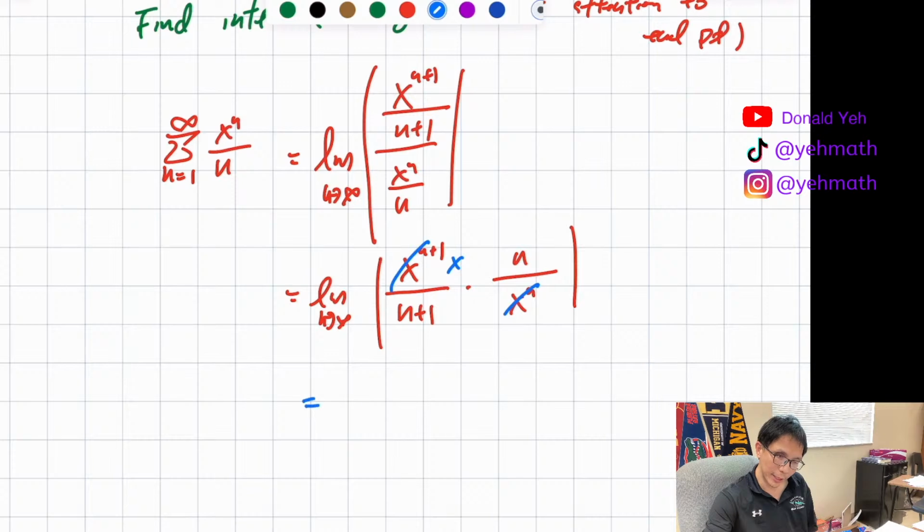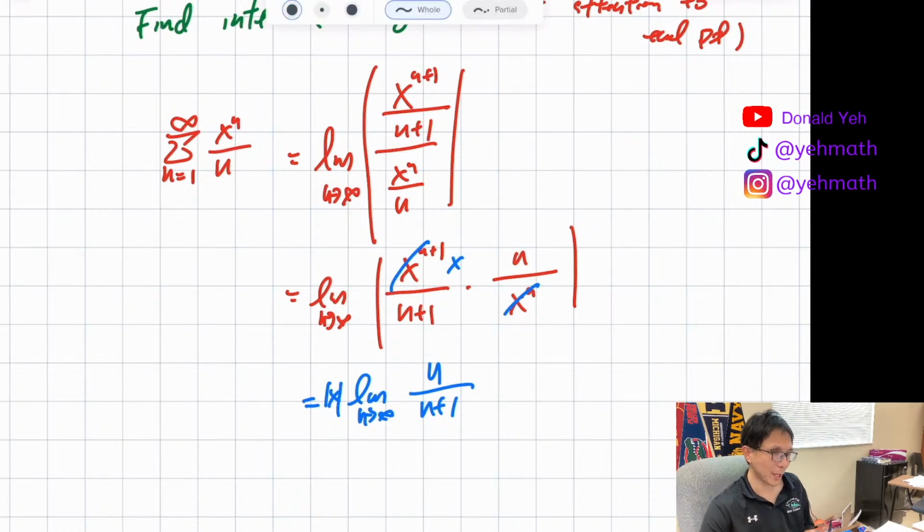Then you will get the limit as n approaches infinity of n over n plus 1, times the absolute value of x. Why do I put an x in the front? Just because this x is some type of constant. We want to find out from where to where it is defined, right?